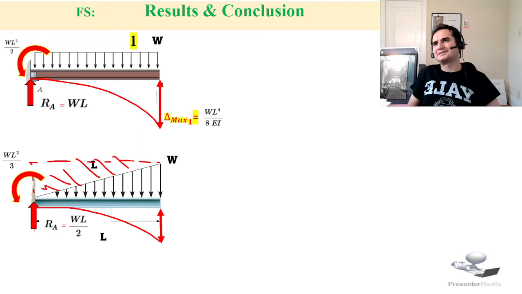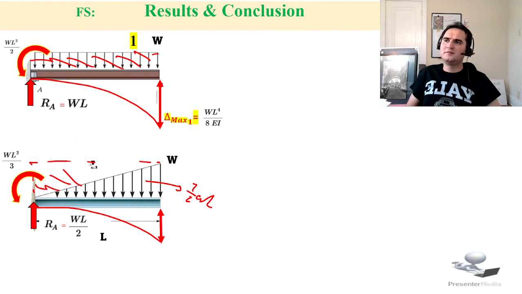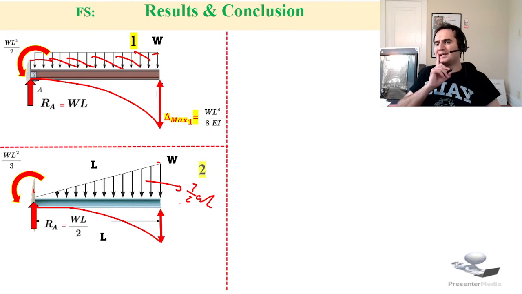So that's half of WL, and we are missing another half in this part. But in the first case, it's the complete WL. So because we are missing this part, we expect a lower deflection than case one in scenario two.